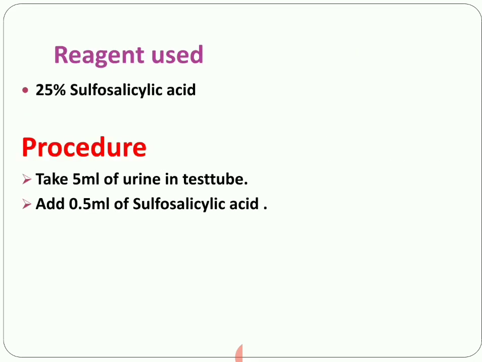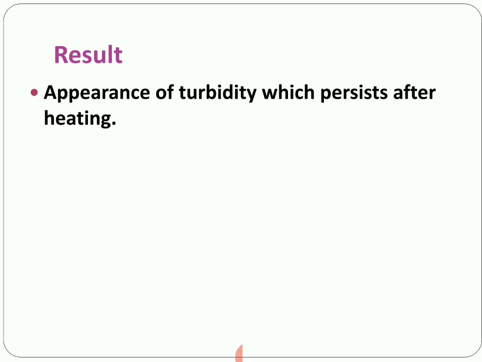The reagent used here is 25% sulfosalicylic acid. Now procedure. Take 5 ml of urine in a test tube, then add 0.5 ml of sulfosalicylic acid. Then watch for cloudiness as before in the heat and acetic acid method.